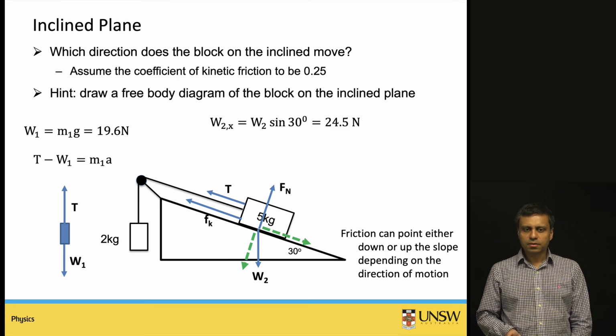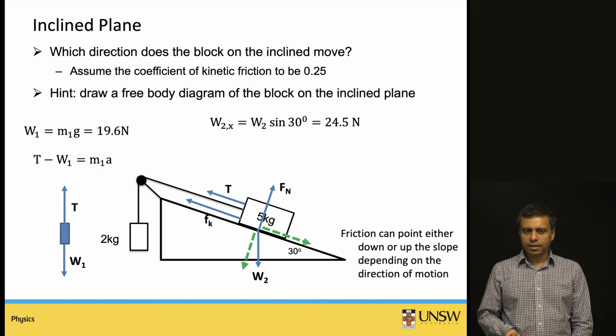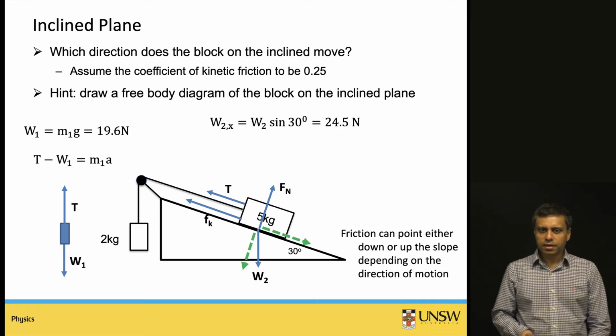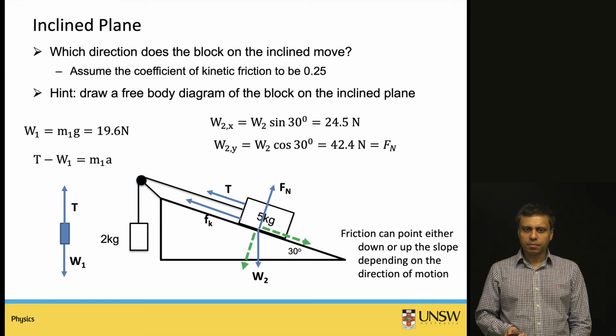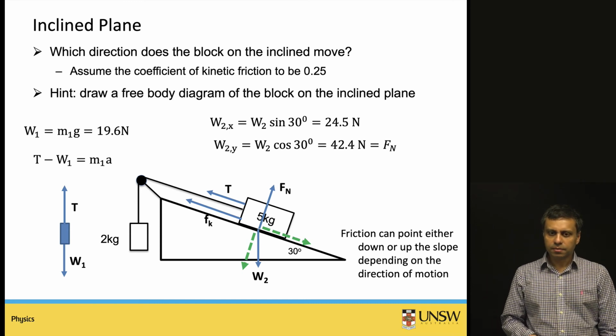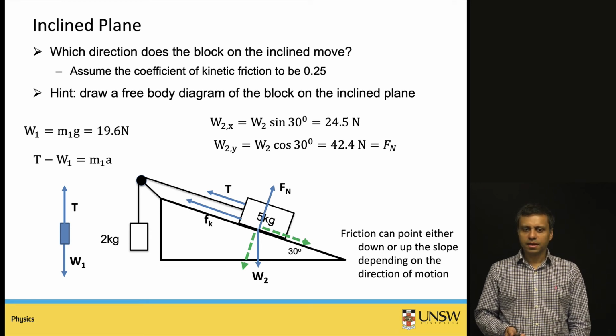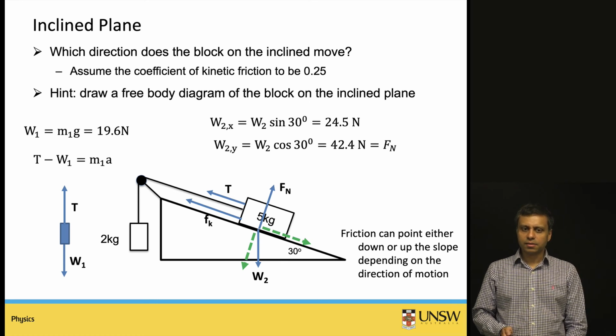And we can resolve the weight into a component along the slant, and another component perpendicular to the surface of the inclined plane. And because we are given the masses, we can find these components W2x and W2y from the angle. You can see that the weight and the inclined plane form a right triangle, and one of the angles is given, so we can find the other angles and all the components.